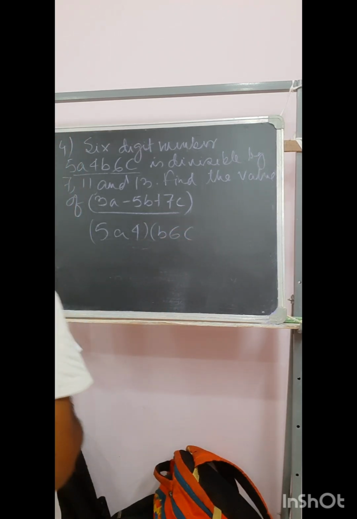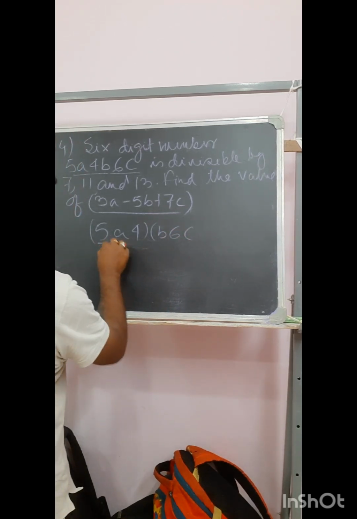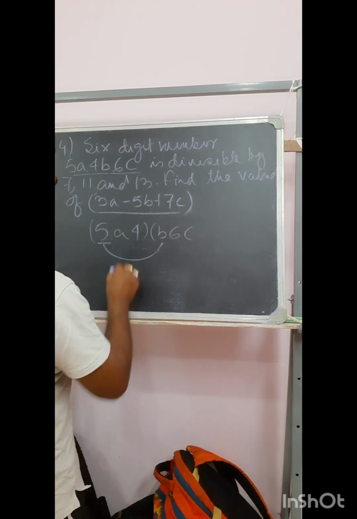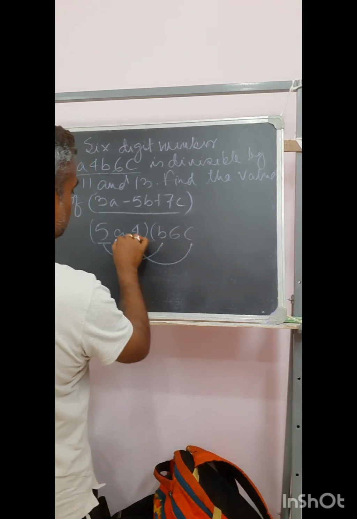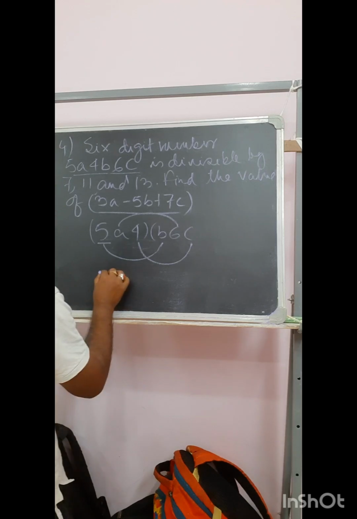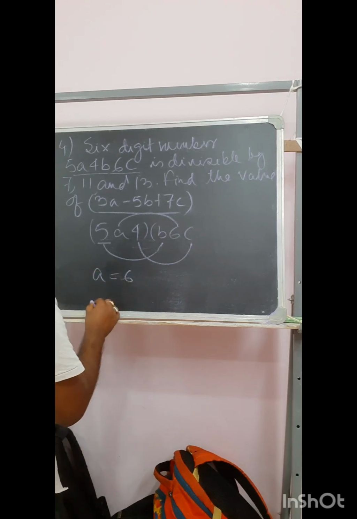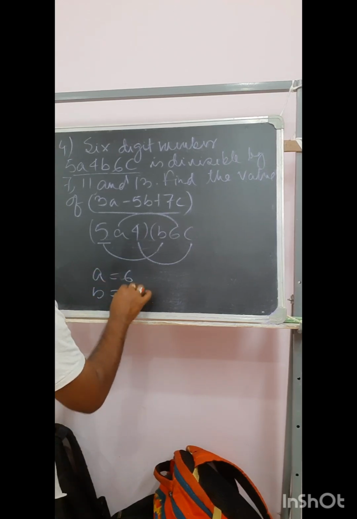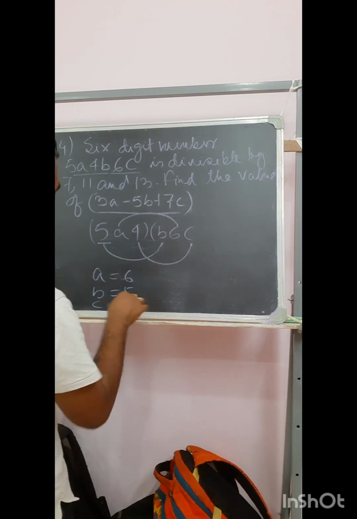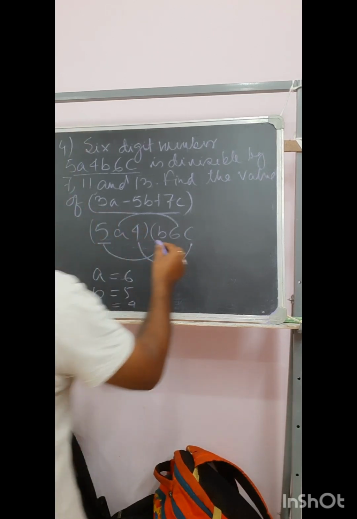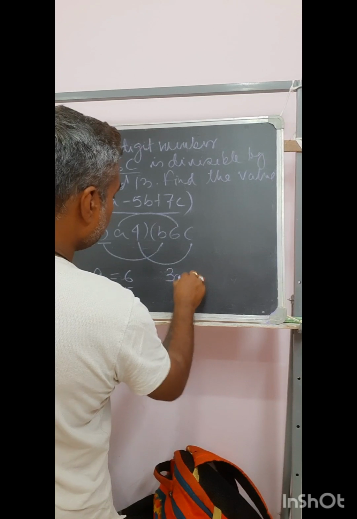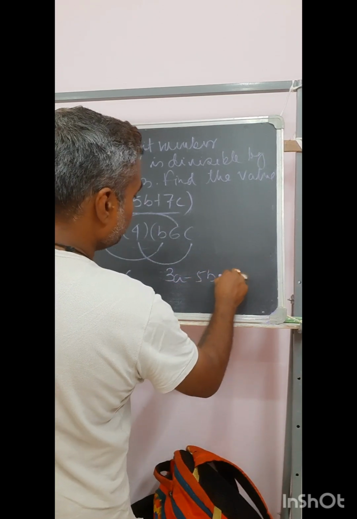Now from the similarity, I can say that B should be this, this should be this, and A should be this. From this I can say that A is 6, B is equal to 5 and C is equal to 4. Now what is the value of 3A minus 5B plus 7C?